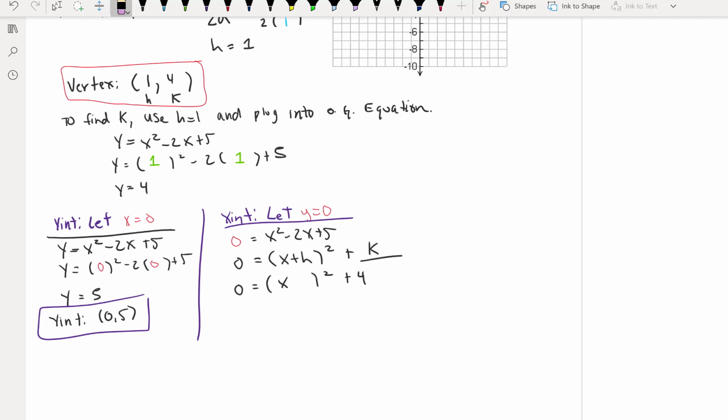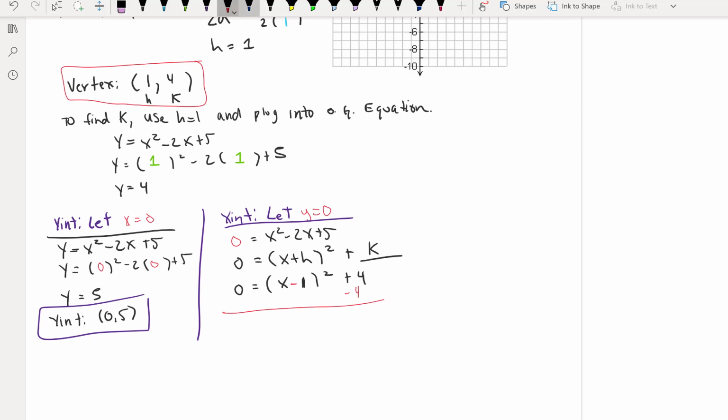And actually, remember, inside the parentheses, don't forget it's always going to be the opposite sign, so it should really be a negative 1 that I plug in. Since my h value is a positive 1, when I plug it into my equation, it's going to be a negative 1, okay? So then from here, I am going to subtract 4 on both sides.